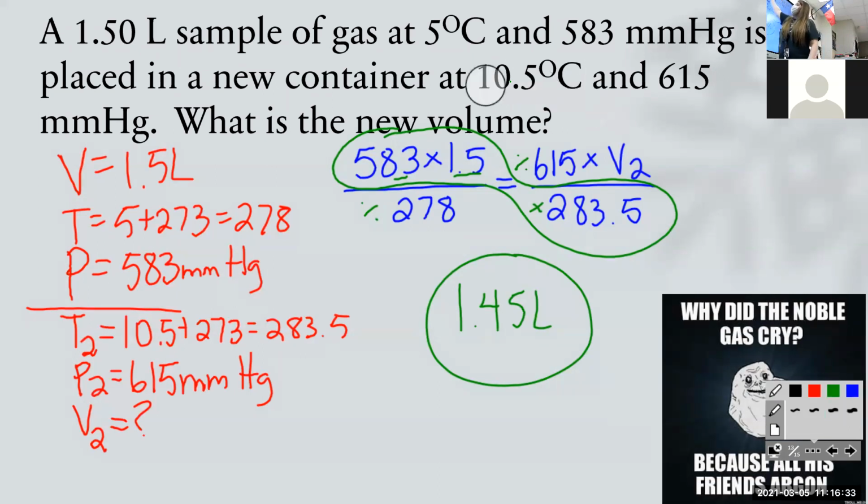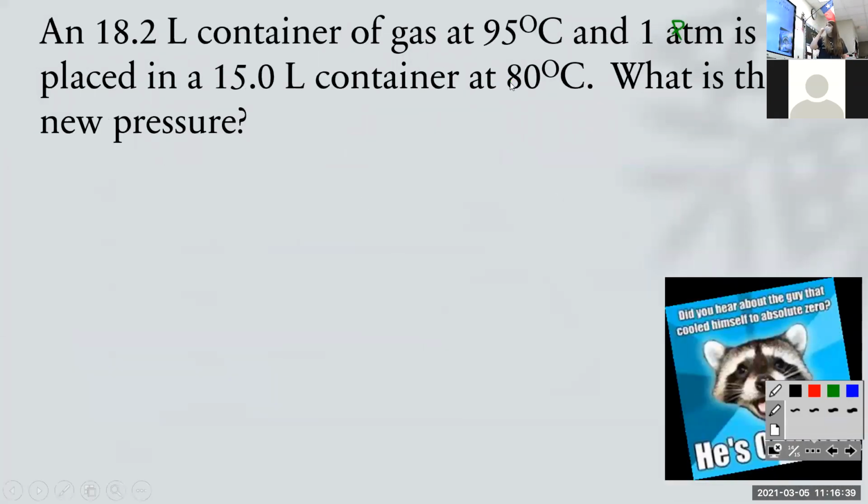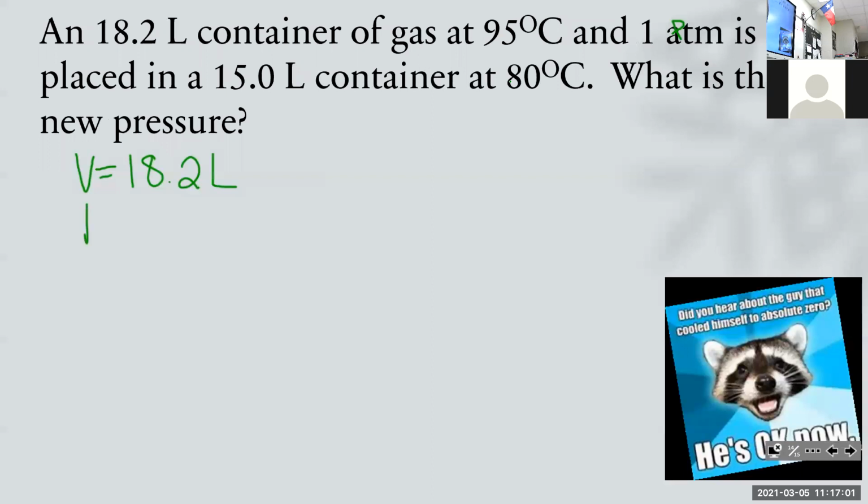Let's do one more example of combined. An 18.2 liter volume is at 95 degrees and 1 ATM, so ATM is pressure.